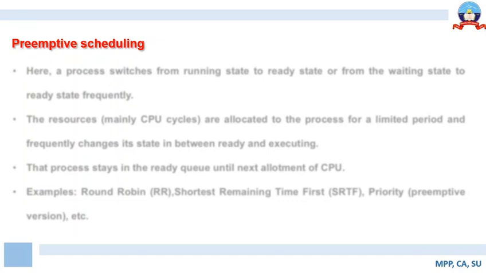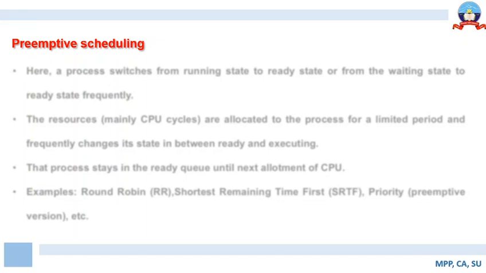So here the first process A is being preempted by a second high priority process B that demands allotment of CPU. In such a situation, we need to make the process A release the CPU and then assign the CPU to another process B and make process A wait in the ready queue. So this is how preemption works.